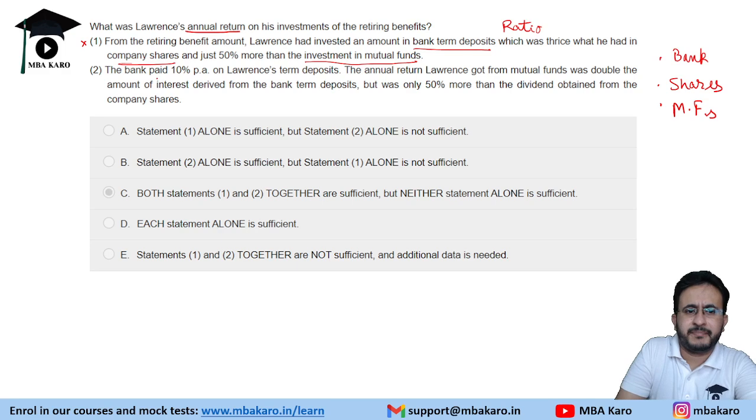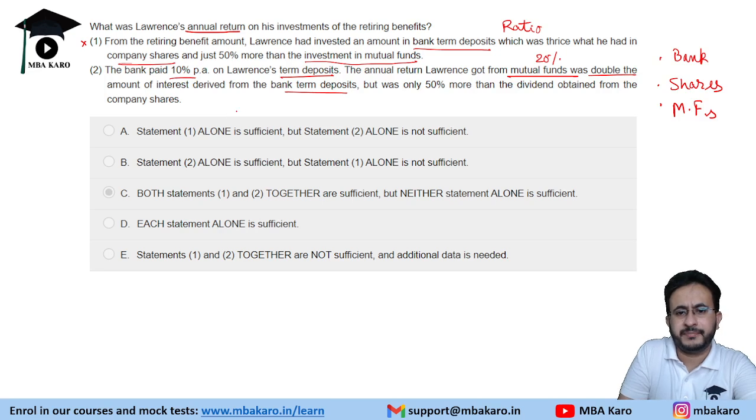Second says the bank paid 10% per annum on Lawrence's term deposit. The annual return from mutual fund was double the interest derived from the bank term deposit, so mutual fund is 20%, and it was 50% more than the dividend obtained from the company share.